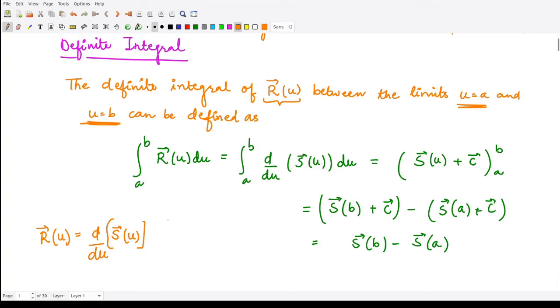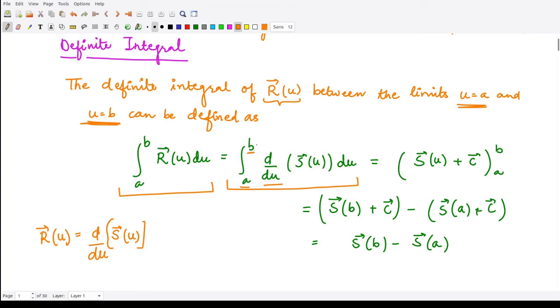In that case we define this integral to be equal to this particular integral, right? When you perform the integration, the integration and the derivative cancel out each other's effect as in the previous case, leaving behind these limits.